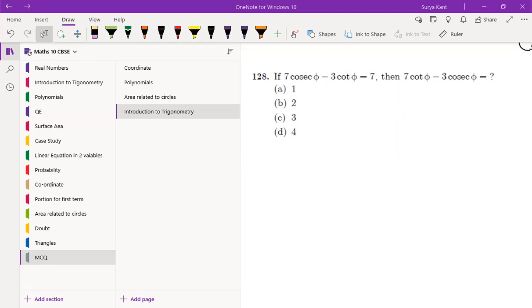Page number 193 is there, no? Polynomials and triangles.